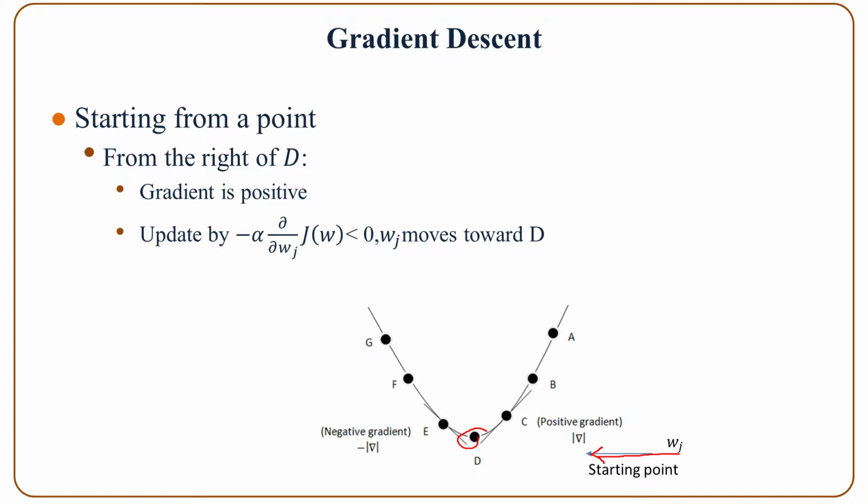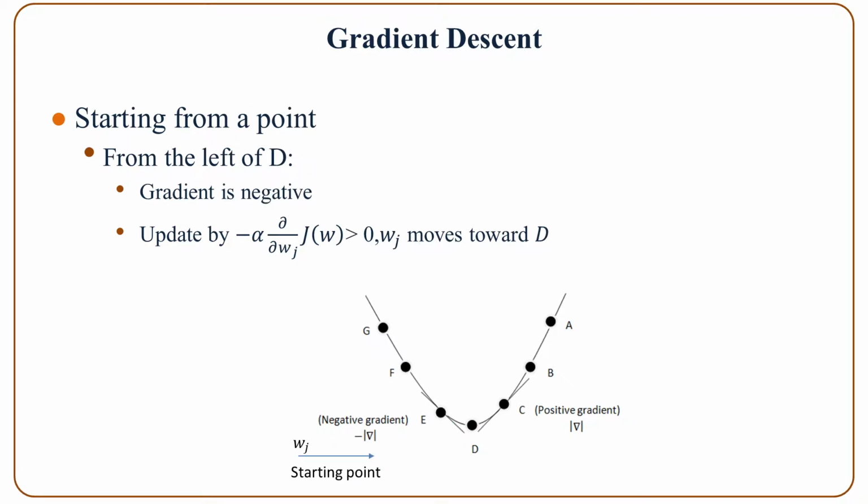Wj moves towards D. If Wj is instead on the left of D, then the gradient is negative, so the update is positive.